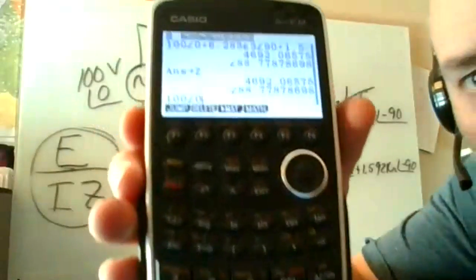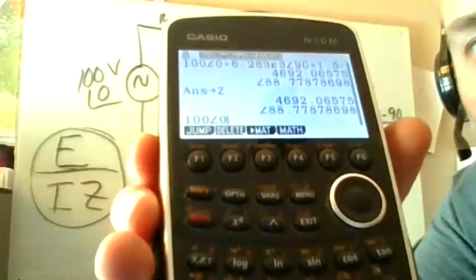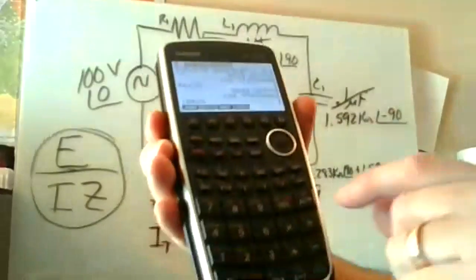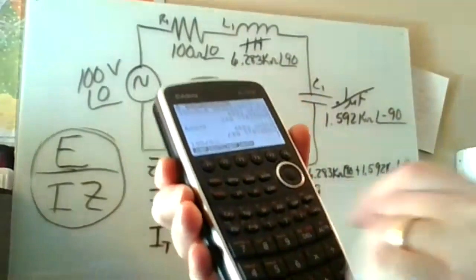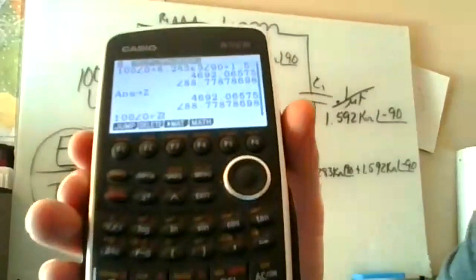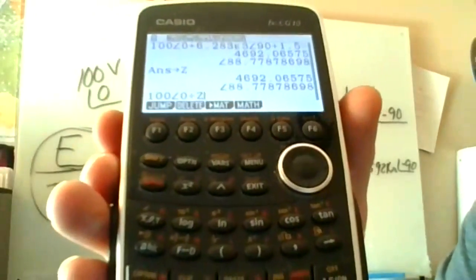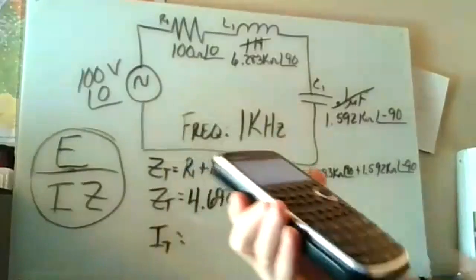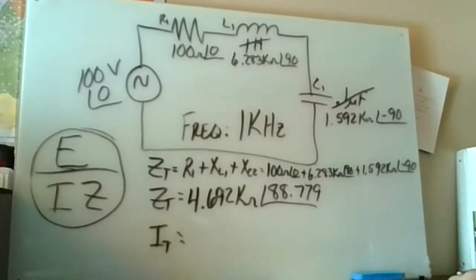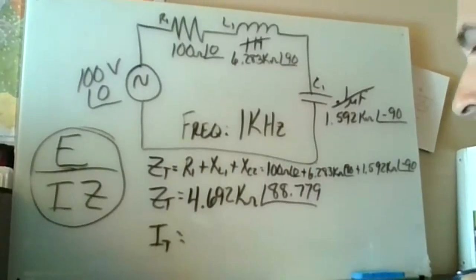So you should have something like that. And I'm going to hit divided by, and then I'm going to hit alpha Z. So now it just put my Z total. I'm dividing by my Z total, and I'm going to hit equals, and somebody tell me what you got for I total.